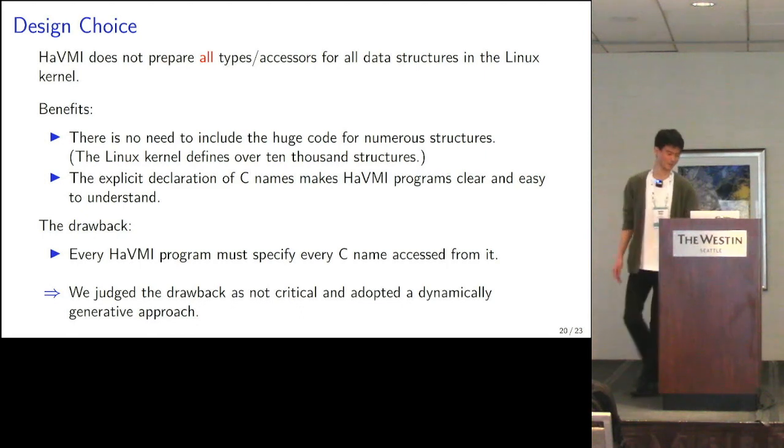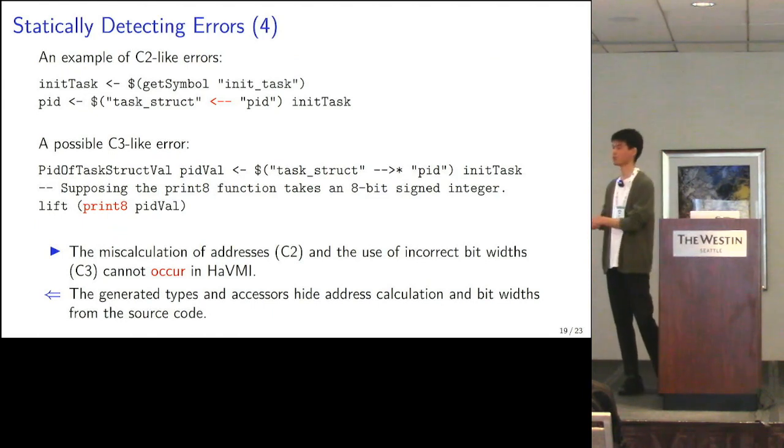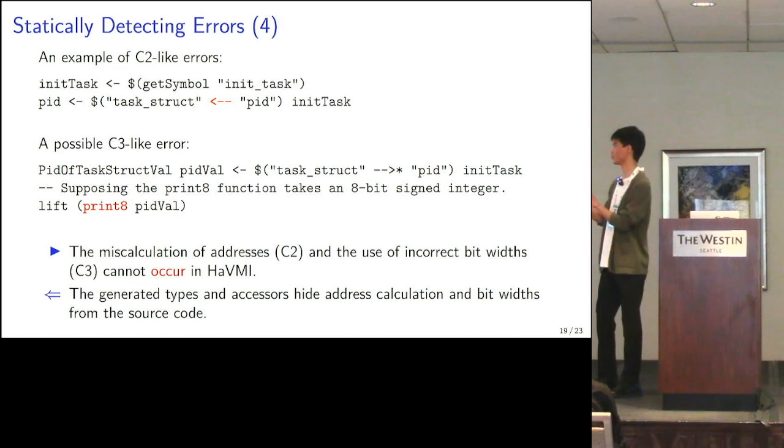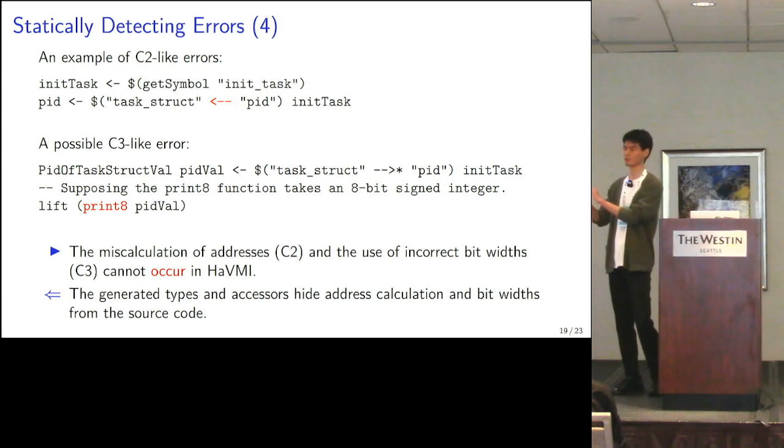Sorry. It means offsets and addresses. The address of a variable symbol and the offset of a member in a structure were determined by the JSON file, which was generated from the debug information of the Linux kernel itself.